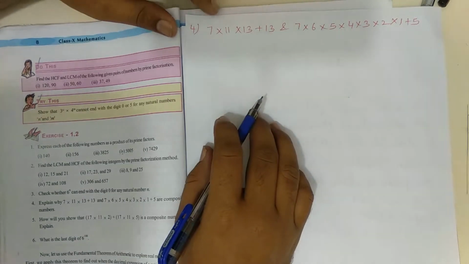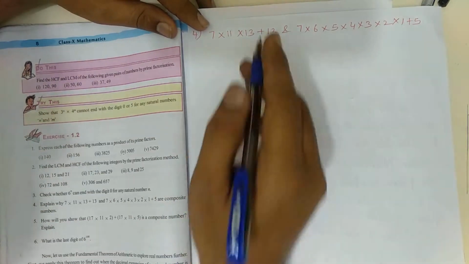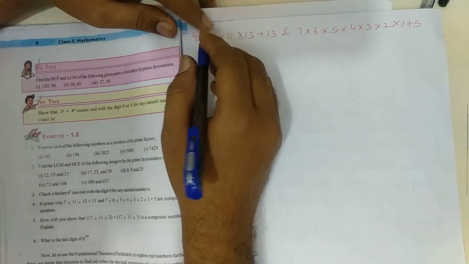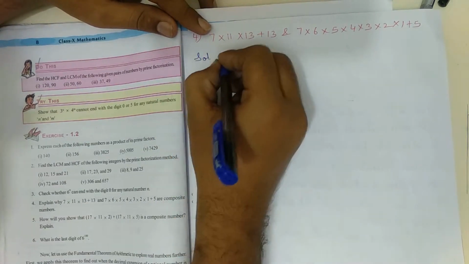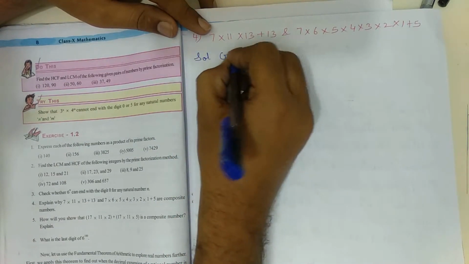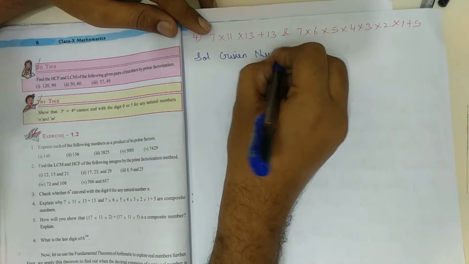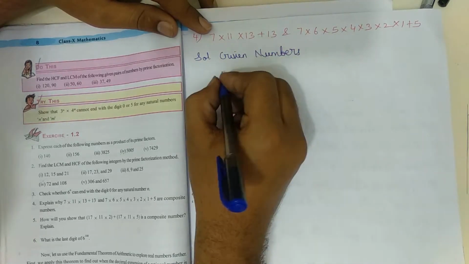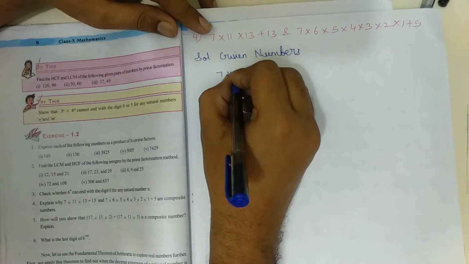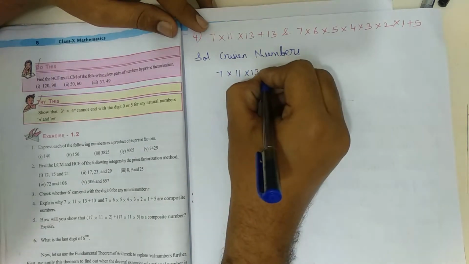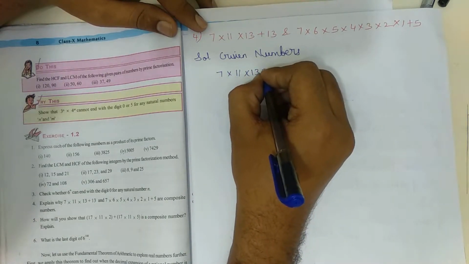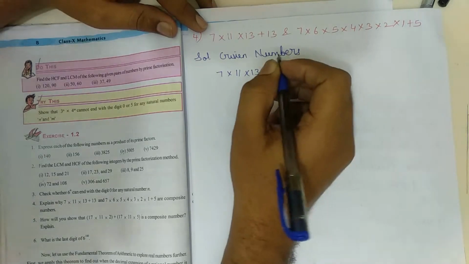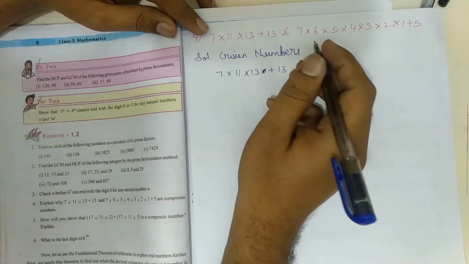We take the first number, 7 into 11 into 13 plus 13.